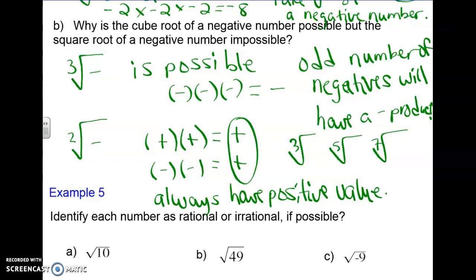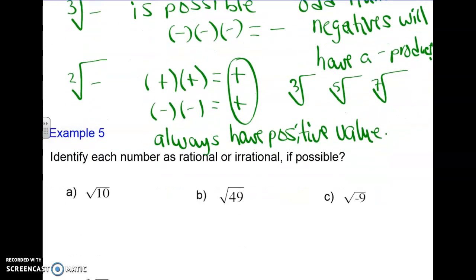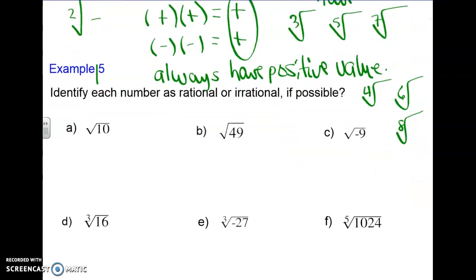And that'll work for any even index. So if my index is a 4th root or a 6th root, or an 8th root, and so on, I can't have negatives underneath an even index.